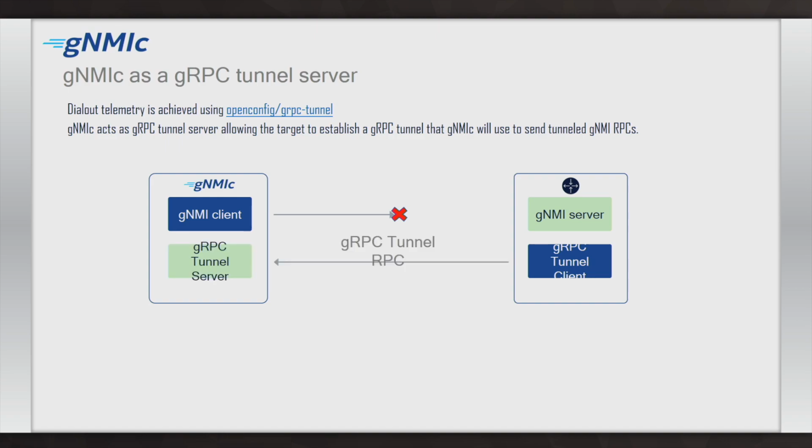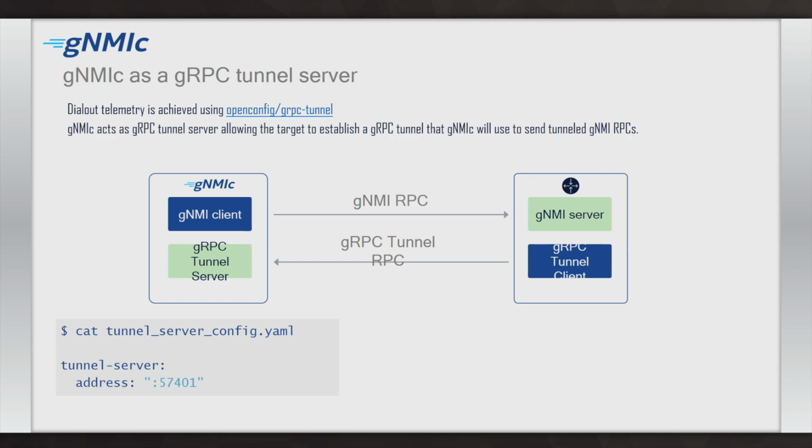The collector, or the gNMI client on the other side, will use that established gRPC tunnel RPC to send the gNMI requests within it. So it's basically tunneling gNMI within a gRPC tunnel RPC.